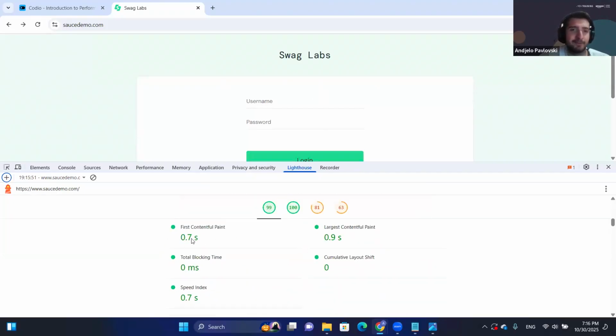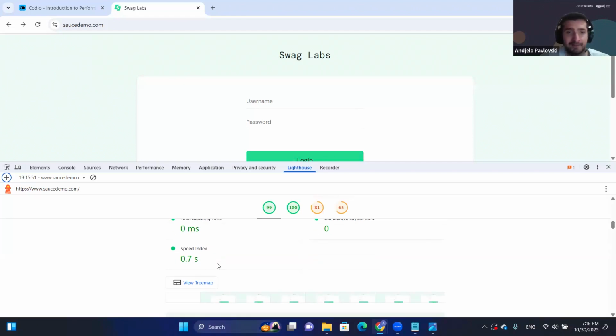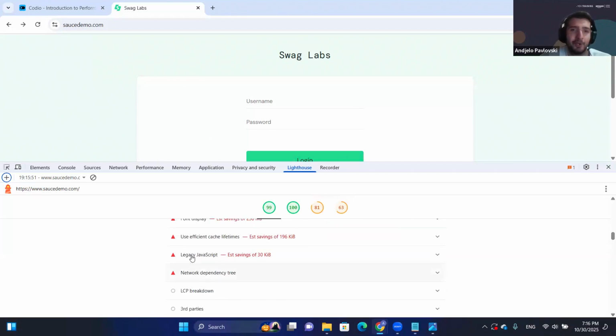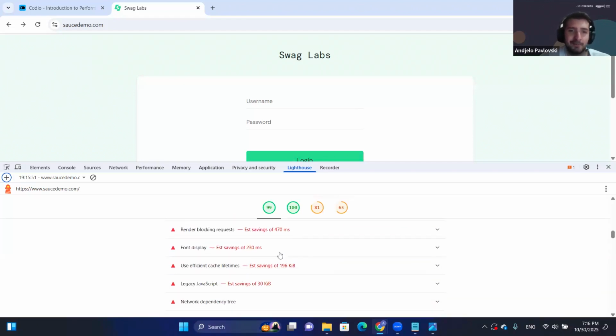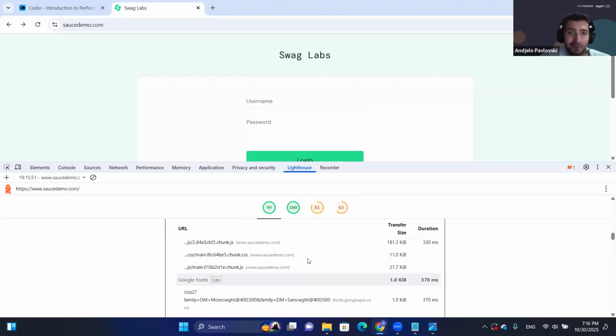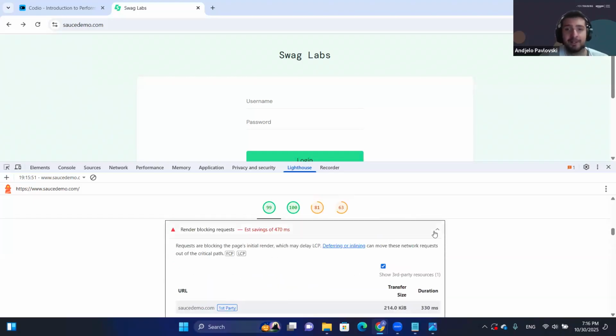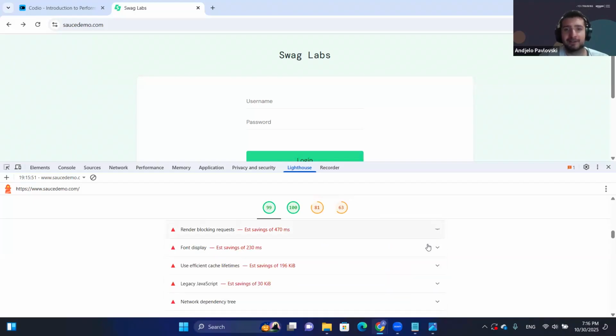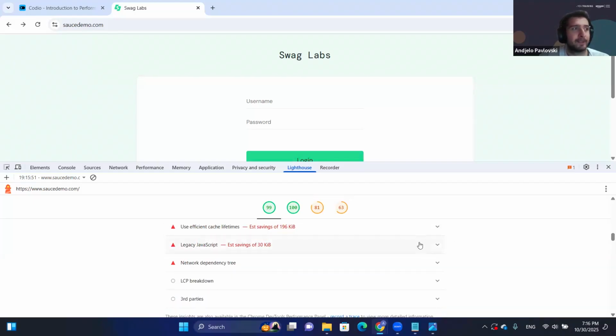So you see First Contentful Paint 0.7 seconds, Largest Contentful Paint 0.9, Total Blocking Time none, Cumulative Layout Shift none, Speed Index 0.7, all fairly good information. And then we see render blocking requests. If you open it, it gives you some information regarding what items are potentially causing some issues. You can open it for each of these here.